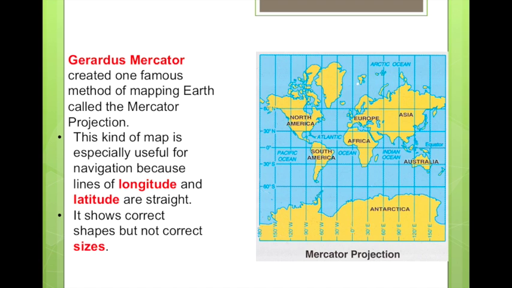So on number 5 on your notes, this kind of map is good because the lines of longitude and latitude are straight. It shows correct shapes, but not correct sizes. For example, look at the size of Antarctica.